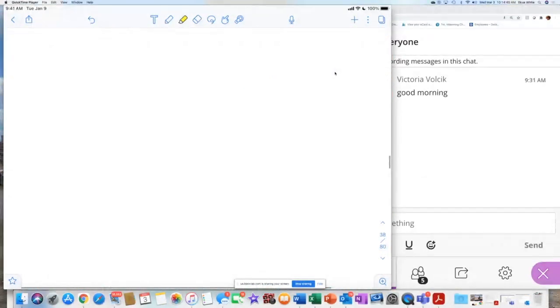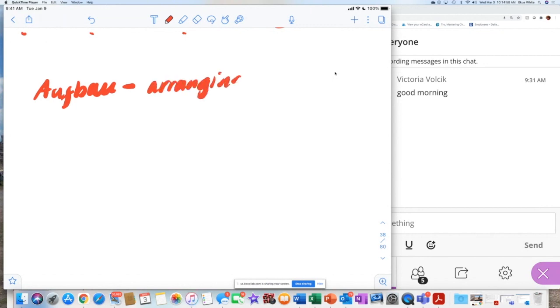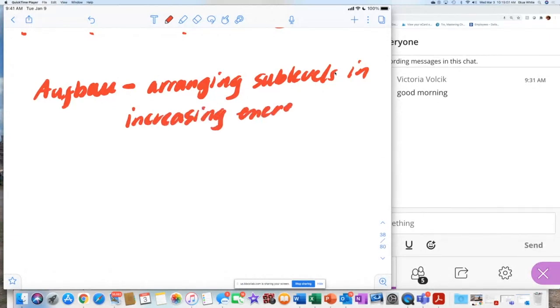So before I continue real quick, Aufbau, so that you guys do not overlook this, talks about arranging sub-levels in increasing energy. Even though there are exceptions to his rule, that's his general rule, right? In other words, 1s first before 2s, because 2s has higher energy level, etc.